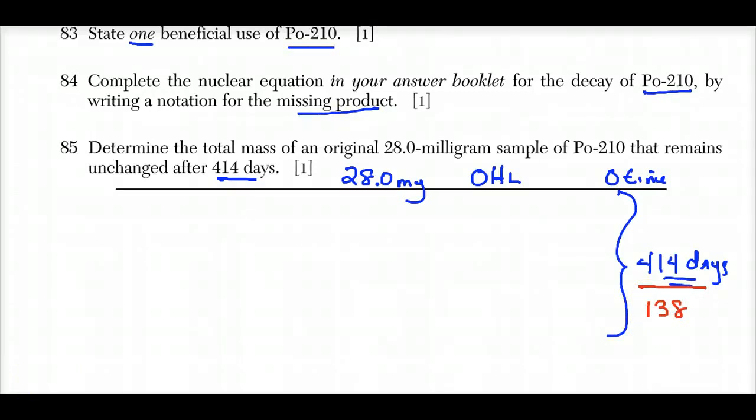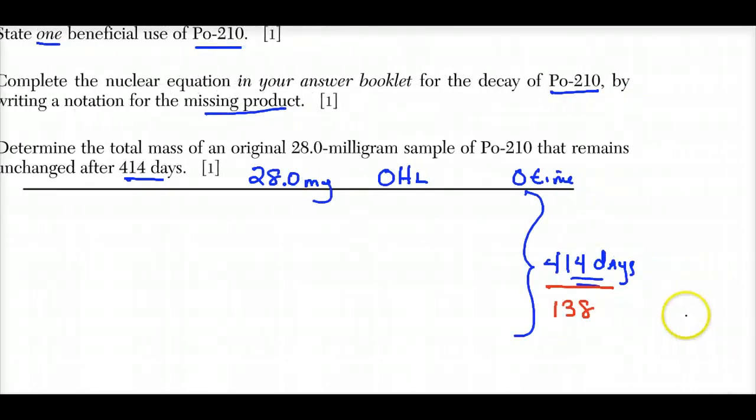And when I put that in my calculator, this equals 3. There are 3 of these half-lives in these days. So 3 halvings have occurred. If each half-life is 138, which is the amount of time for it to halve, and I have this total time of 414, I divide by that and I get 3 halvings.